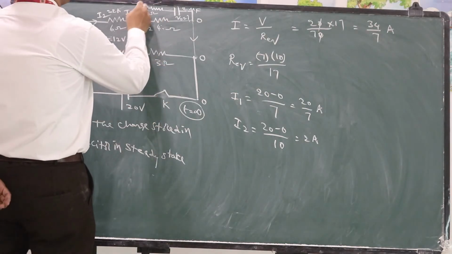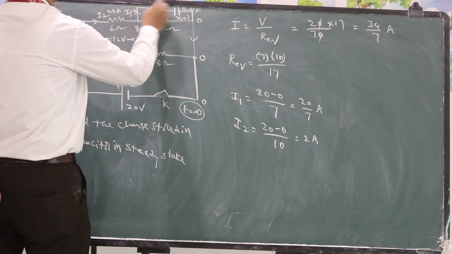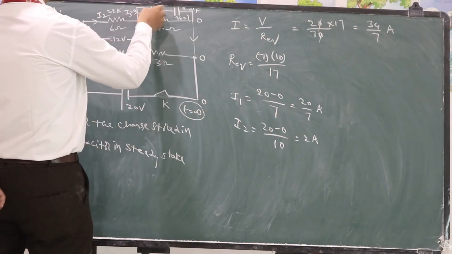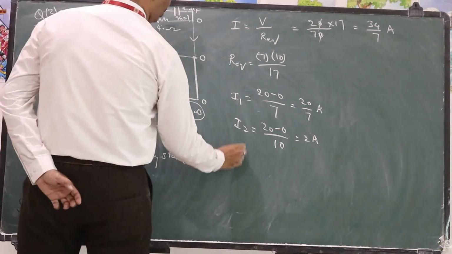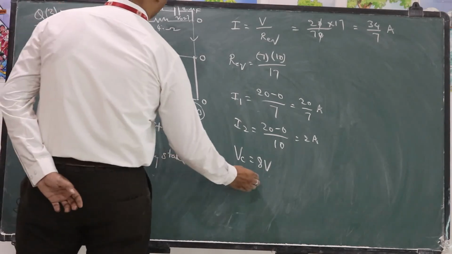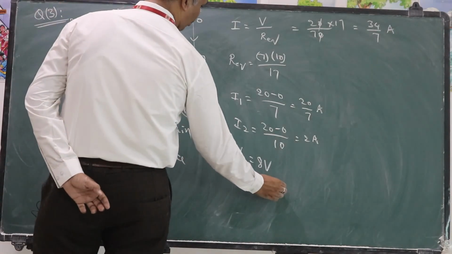The same should be the potential difference between the two plates of the capacitor, because no current is passing through it, so it is inactive. So the potential difference across the capacitor is 8 volts. The capacitance of the capacitor is 2 microfarad.